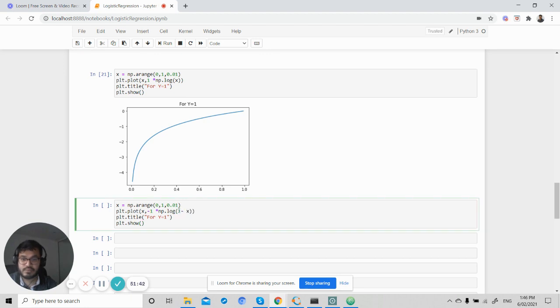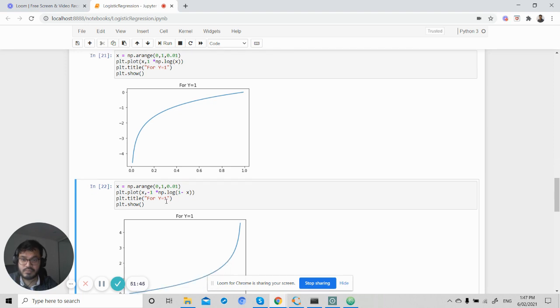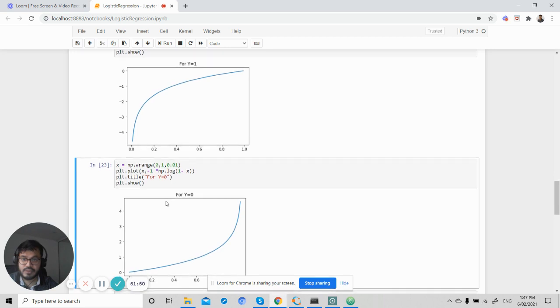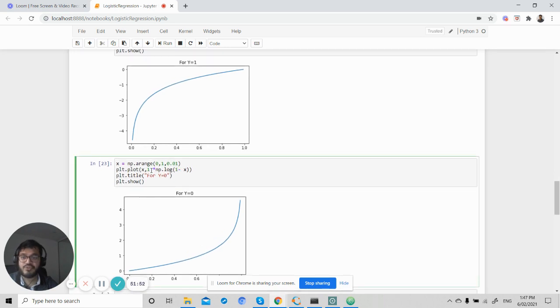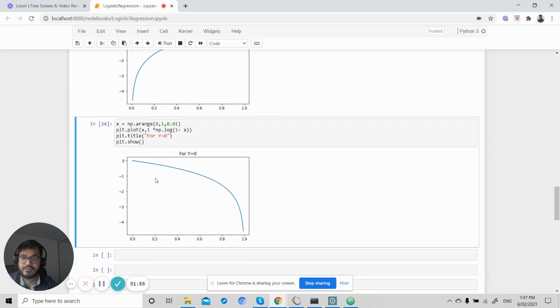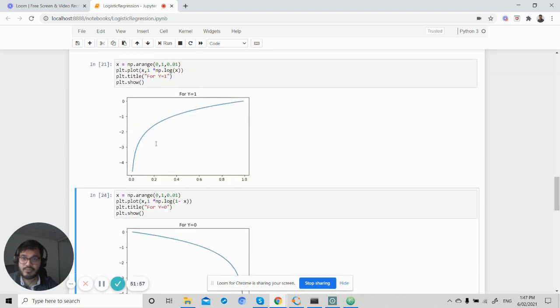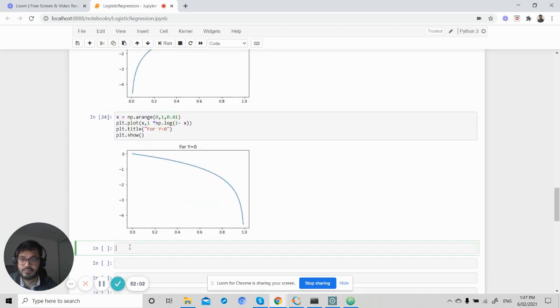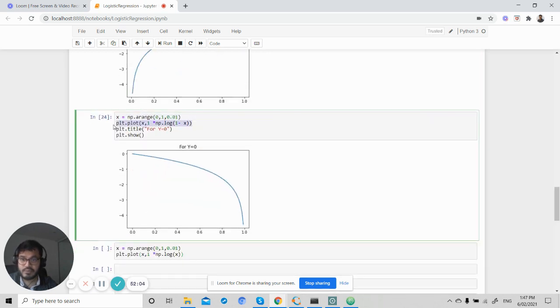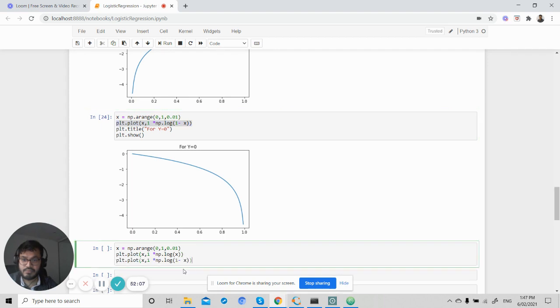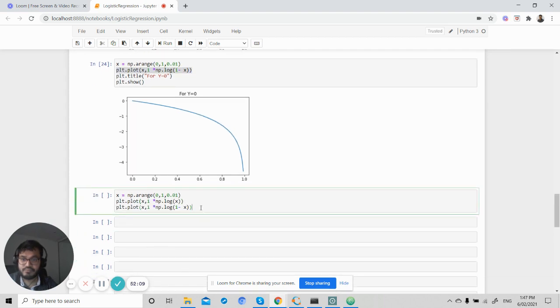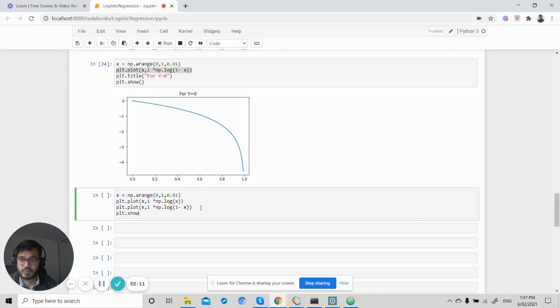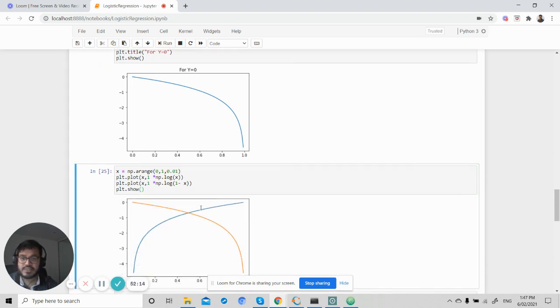And then minus, which is for 0. If we take positive of log, then if we plot both of our charts, then here we will get a global maxima.